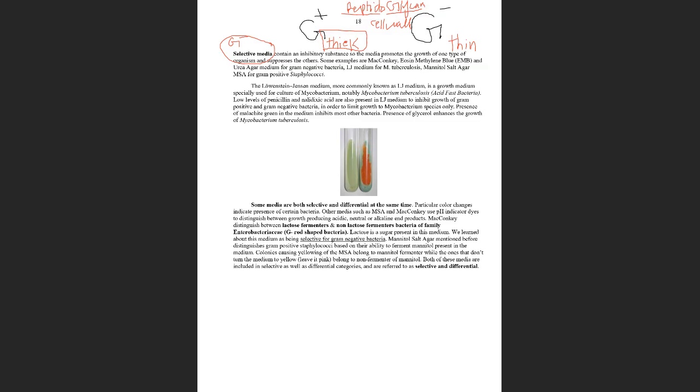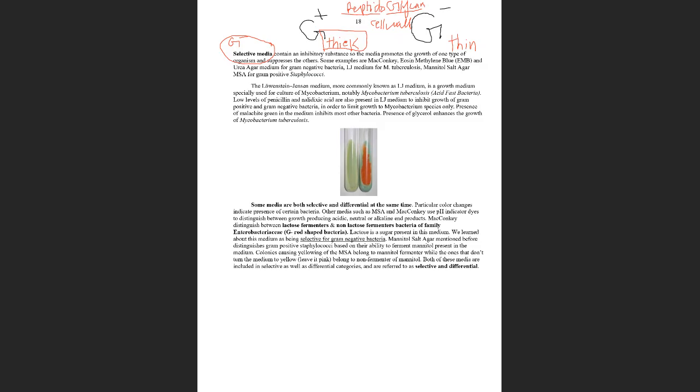Okay, sure. And then you can apply the same concept vice versa. If you don't care about gram-negative and you only want to study the gram-positives present in a specimen, you can use selective media that are designed to grow gram-positive bacteria only. That way you don't have to deal with the gram-negatives because you're not interested in them. Sometimes you want to see both gram-positive and gram-negative from one specimen.